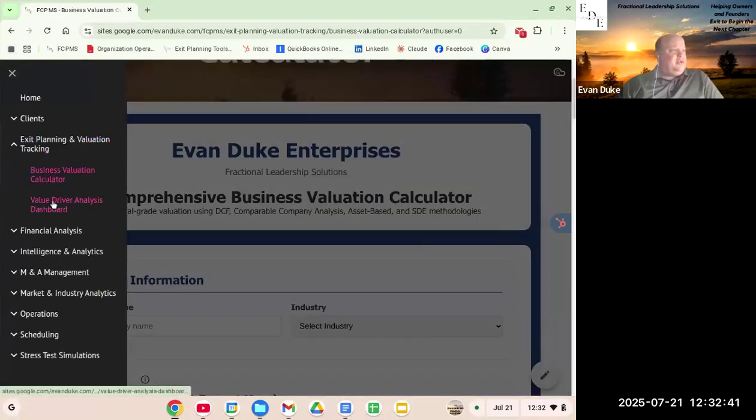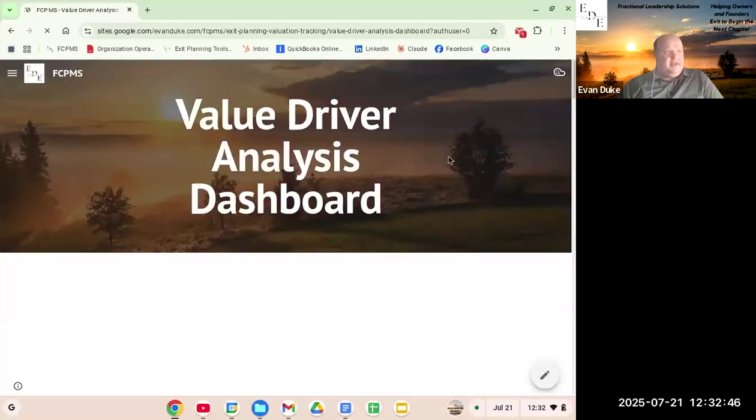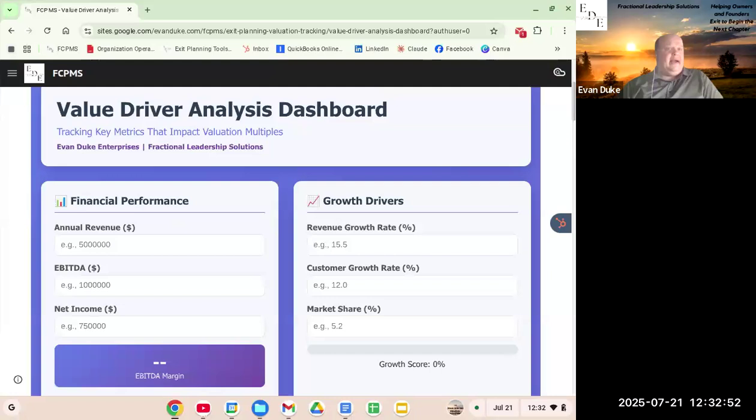The next tool, the value driver analysis dashboard, is designed at really helping us emphasize, identify and track the drivers that help when it comes to business valuation, aka when it comes time to the actual sale.